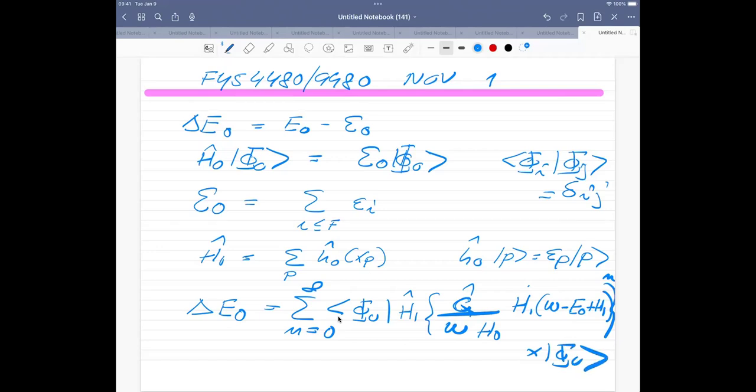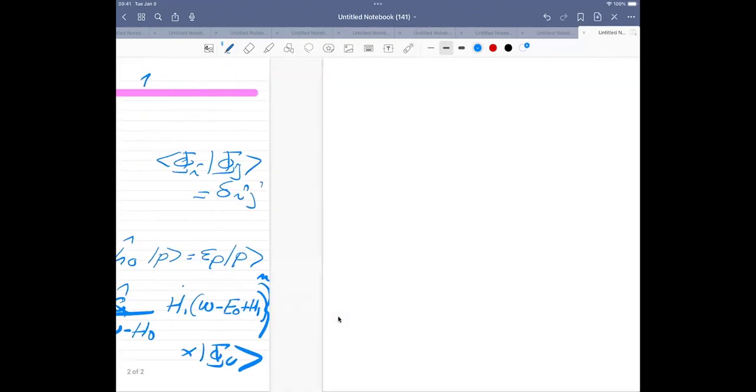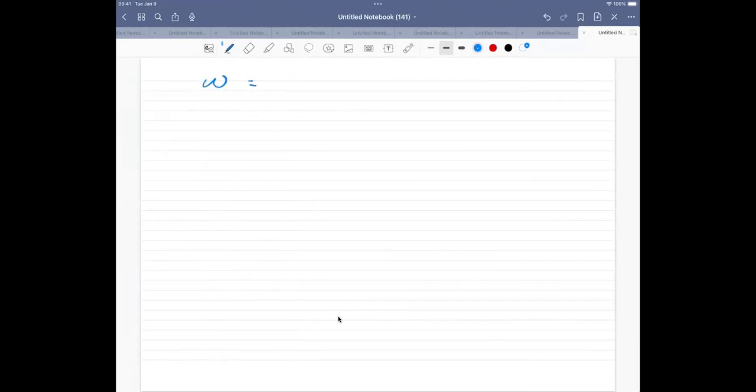And then we could specialize this to either Brillouin-Wigner perturbation theory or Rayleigh-Schrödinger. So in Rayleigh-Schrödinger perturbation theory, we put this omega to be equal to epsilon 0. So this is RS. And in Brillouin-Wigner, we had omega equal to the exact energy.